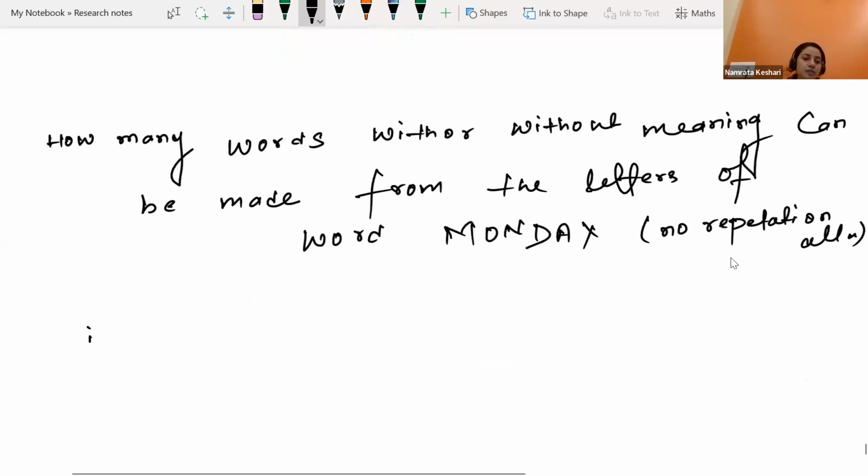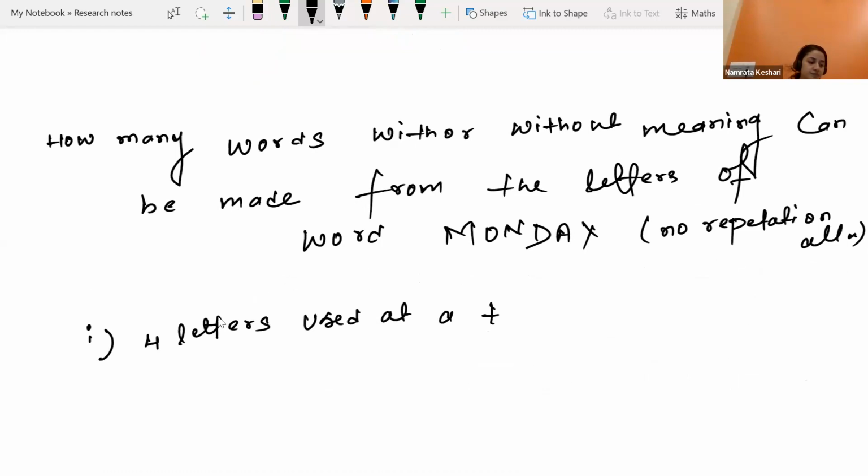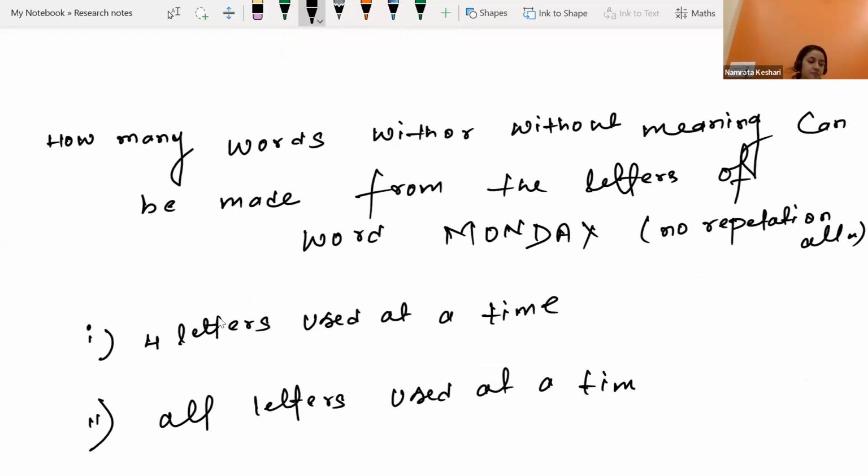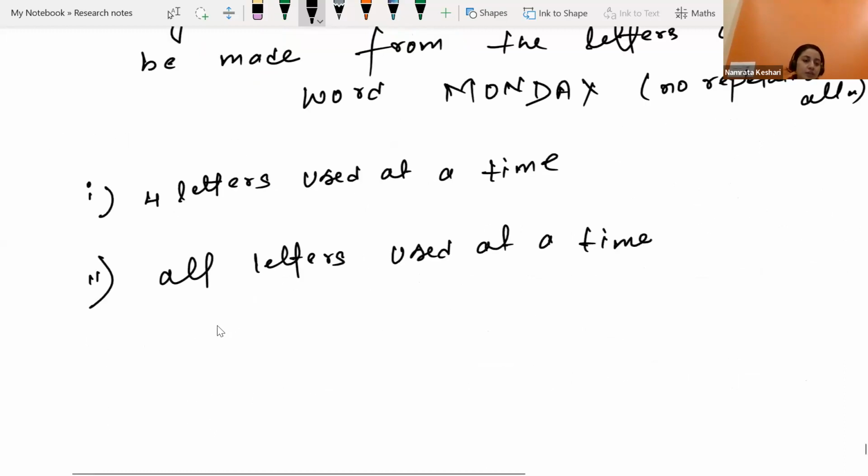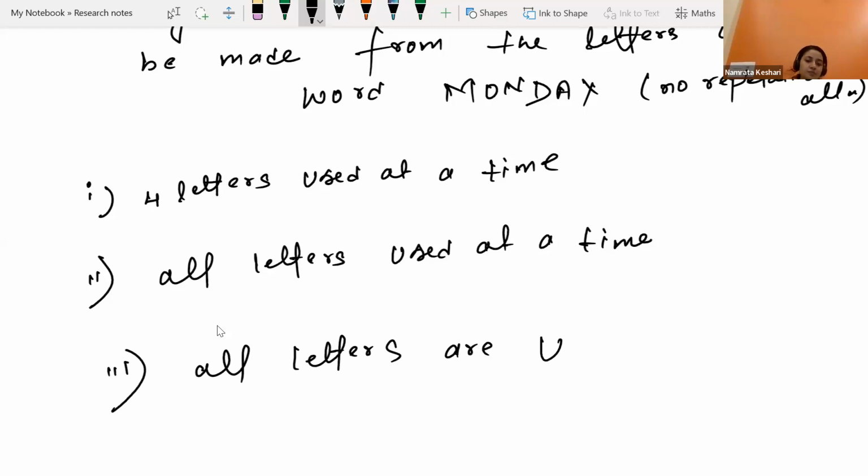And the instructions are like this. Number one, 4 letters used at a time. Number two, all letters used at a time. Third one, all letters are used, but the first letter is a vowel.